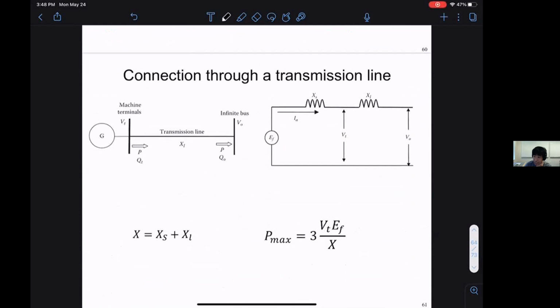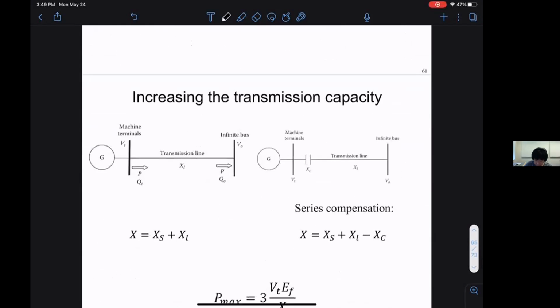If you look at the synchronous generator, you're limited by this X, this number X. If you want more power transfer capability, if you want to send over larger P, you need to do something about this X. There are two things you can do with this X.